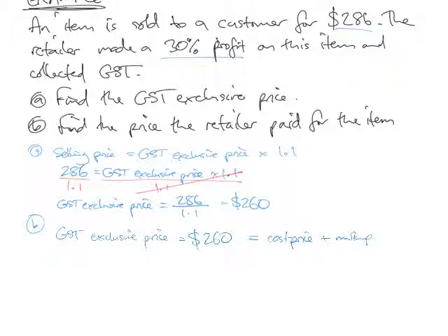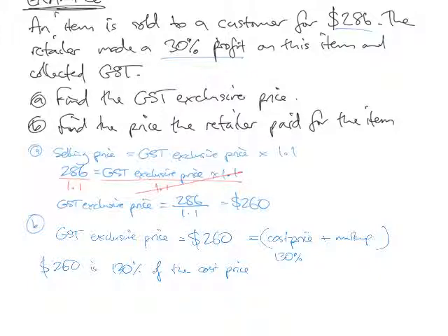We don't know what the actual markup was, we only know it was a 30% profit. So we need to convert to a percentage. If you made a 30% profit on something, it's 130% of what it was before. So $260 is 130% of the cost price.